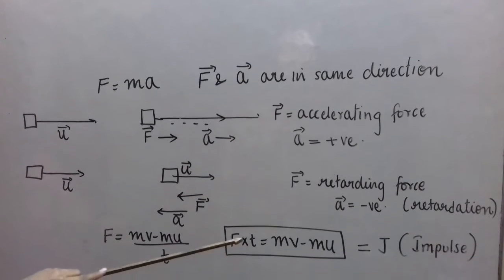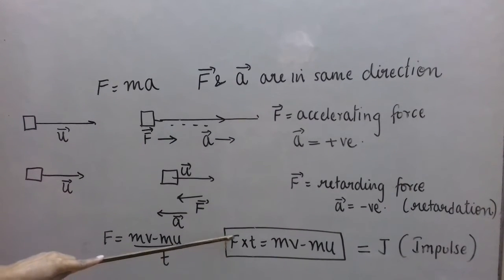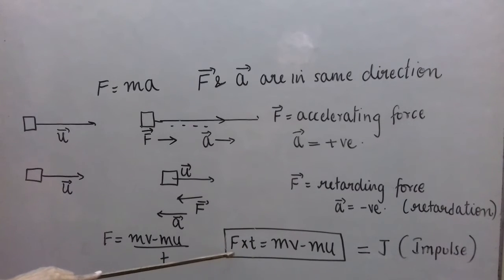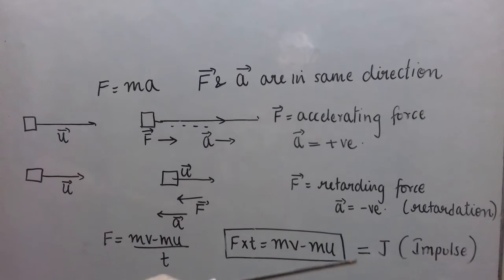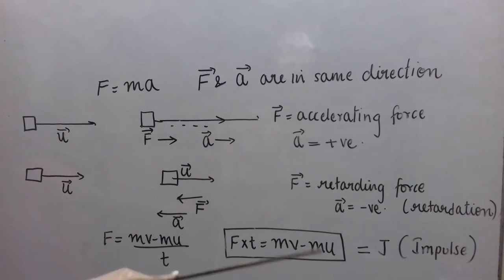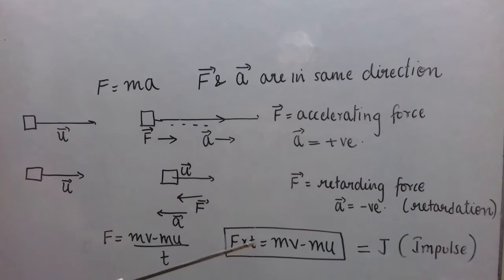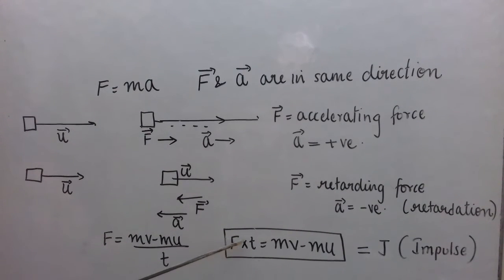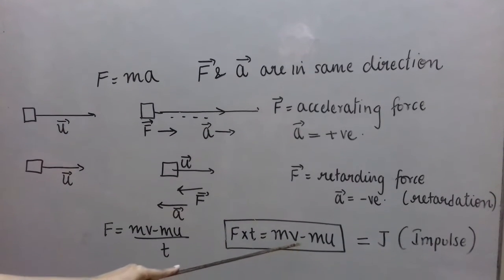But it is not given a special name. F into t is a physical quantity called impulse. Impulse of force, or impulse, which is represented by the symbol J, is nothing but F into t. And from this we can also say F into t is mv minus mu, the change in momentum.